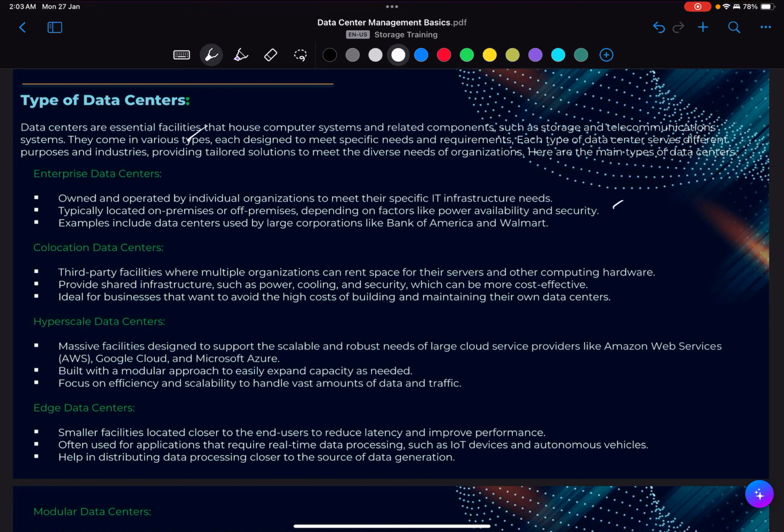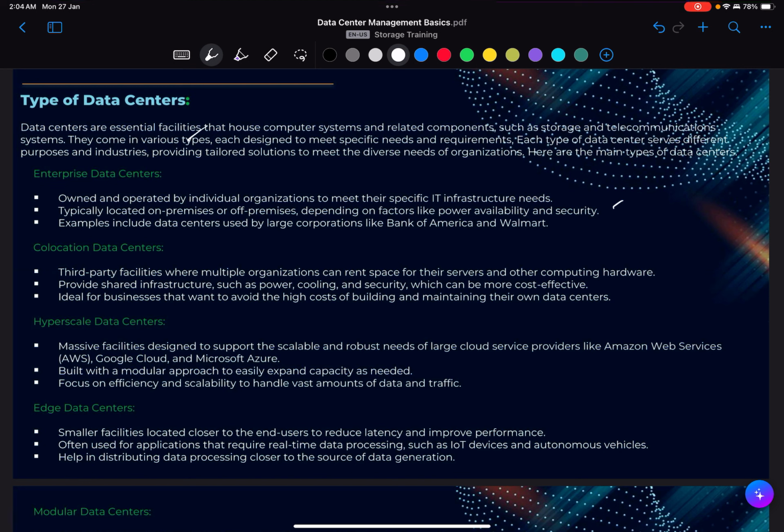It's mainly used by large corporations like Bank of America, Walmart, and many other companies. Nowadays people are moving to cloud as well, but there are still lots of enterprise data centers. So that is the first one.